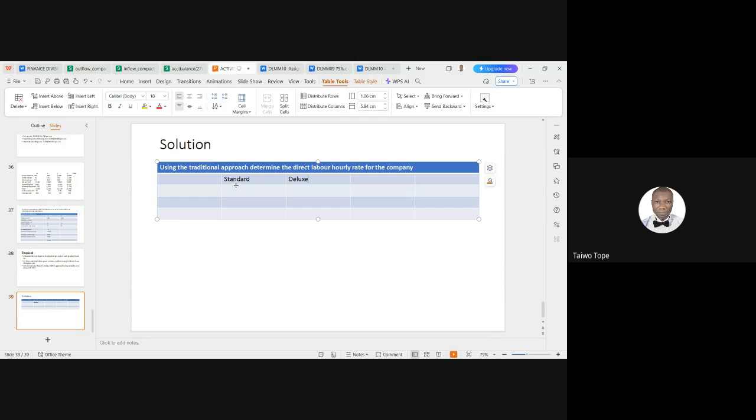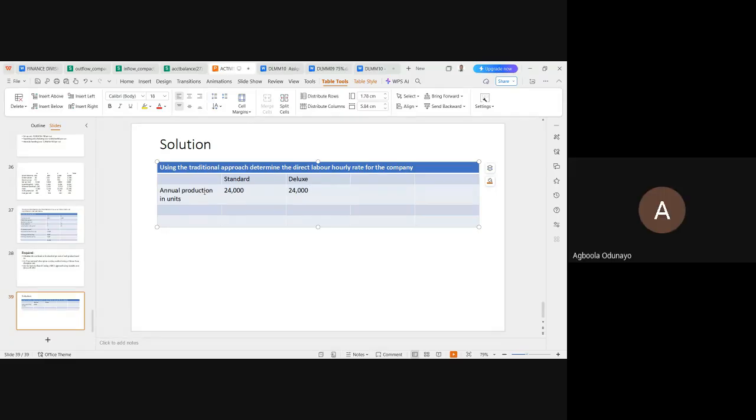For standard, the annual production is 24,000 units, and the loss is 24,000 likewise. Now, this traditional approach is based on hourly rate. We have to determine the hourly rate to provide absorption, so we have to use the direct labor hours.